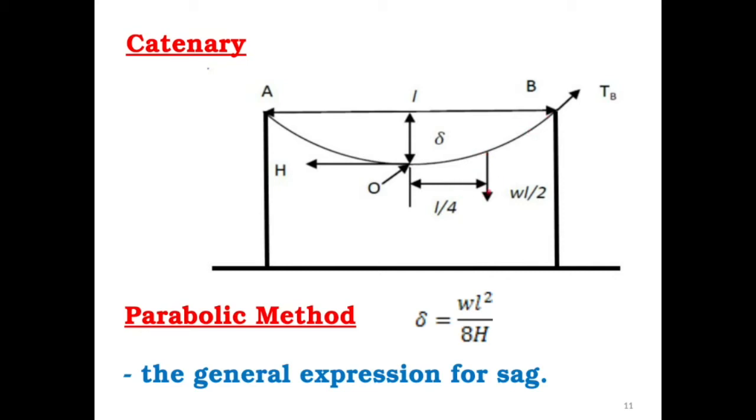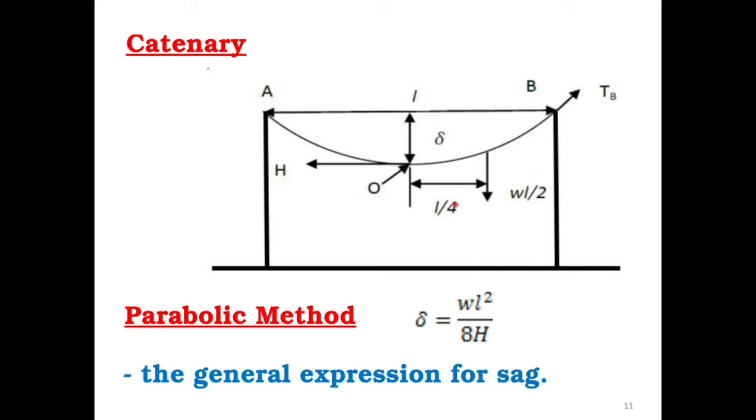So the distance will be L over 4, and the weight we get here is WL over 2. So the force is WL over 2, acting vertically downwards, and the distance is L over 4.